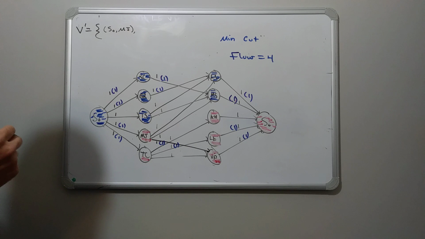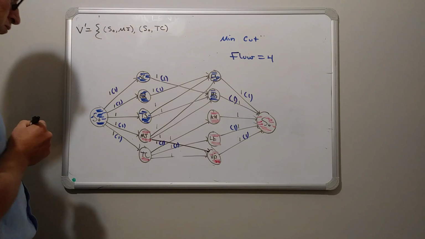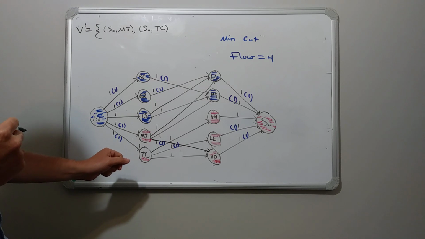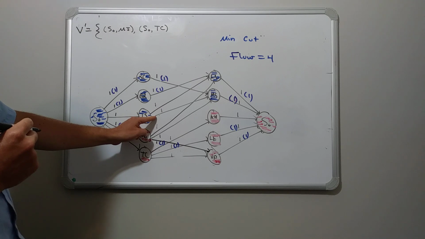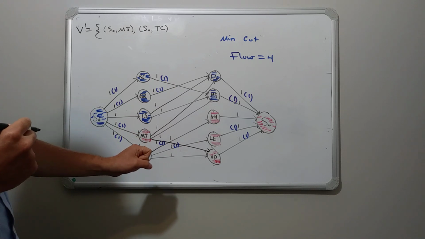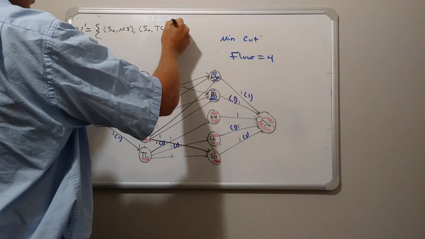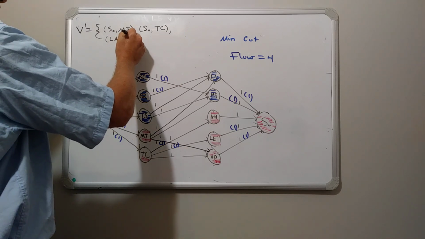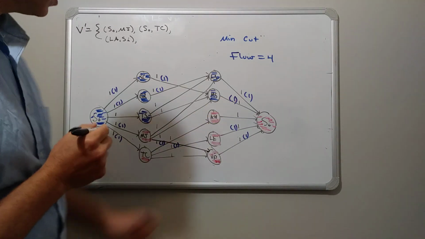Source to TC. So remember, we're going blue to red. So these blues go to other blues. So LA to sink. And MS to sink.